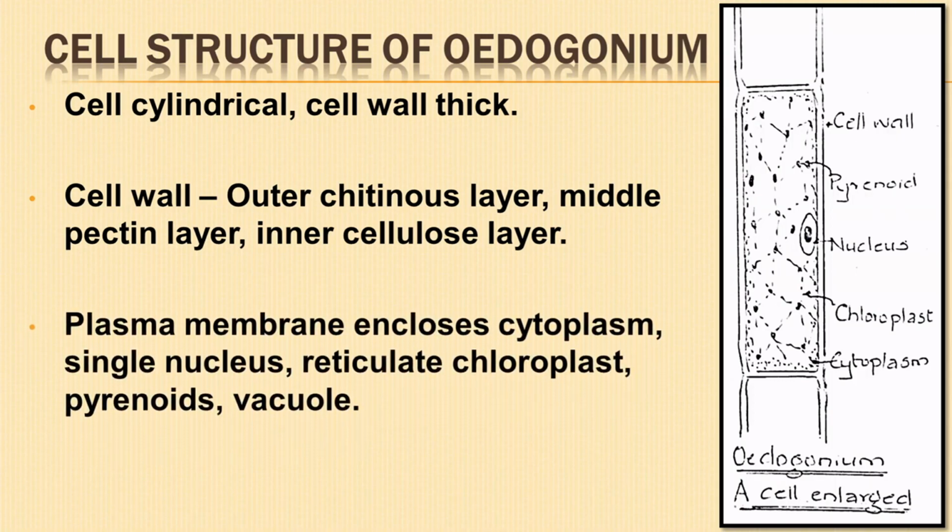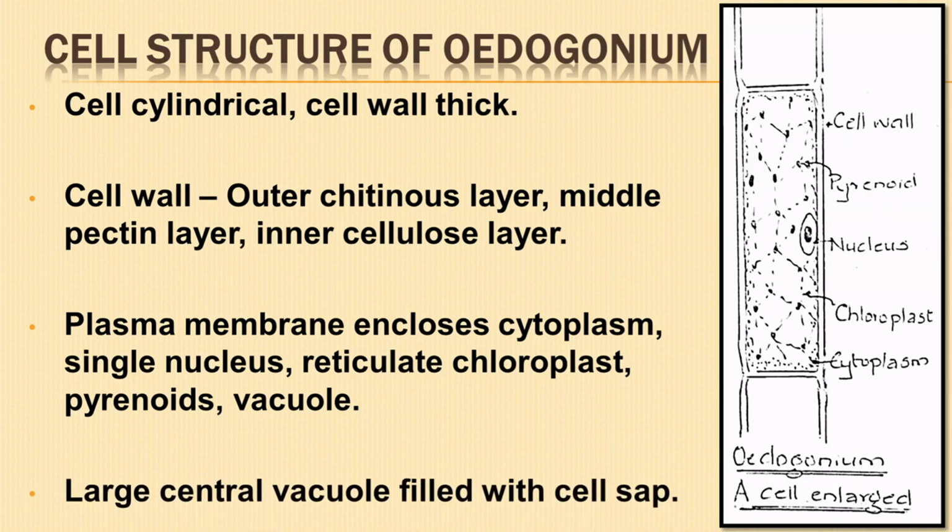The thin plasma membrane encloses the protoplasm, which contains cytoplasm, a central vacuole, a single nucleus, reticulate chloroplast with many pyrenoids, mitochondria and other organelles. The large vacuole is filled with cell sap containing excretions, secretions and inorganic compounds.